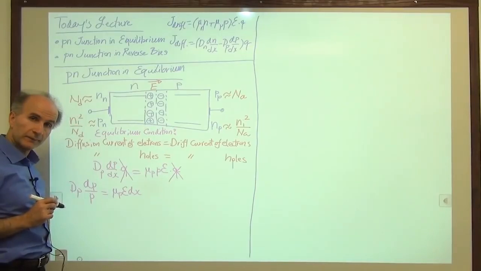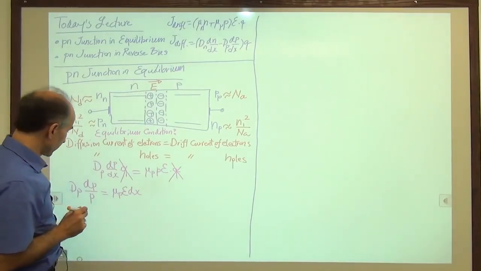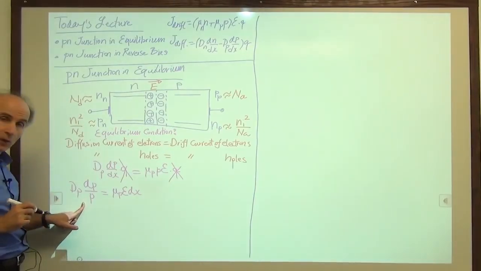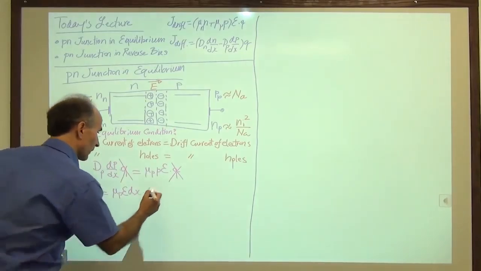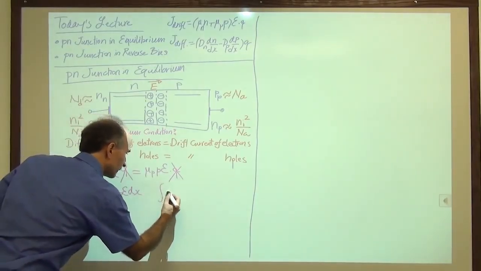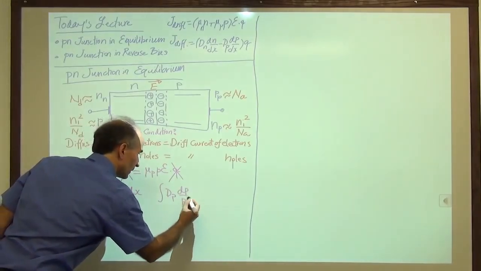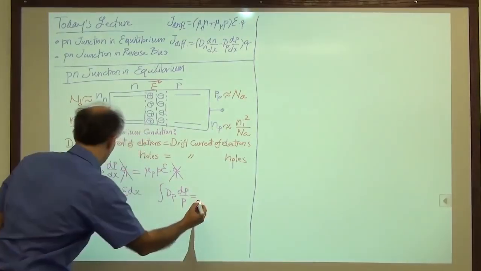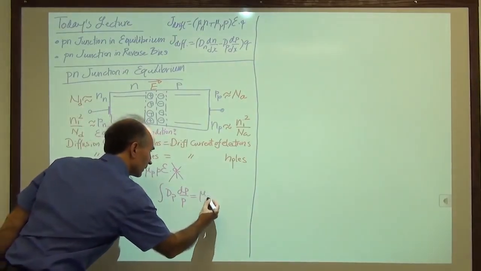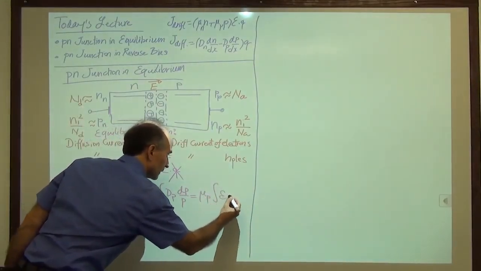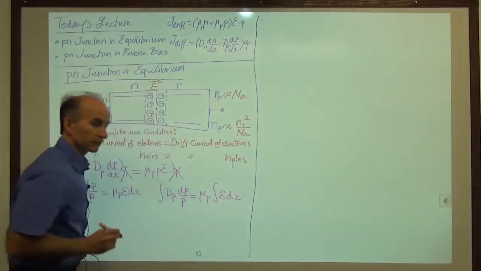So far so good? Okay. So what do we do with this equation? Let's integrate both sides. We integrate dp over p is equal to mu p integral of E dx.